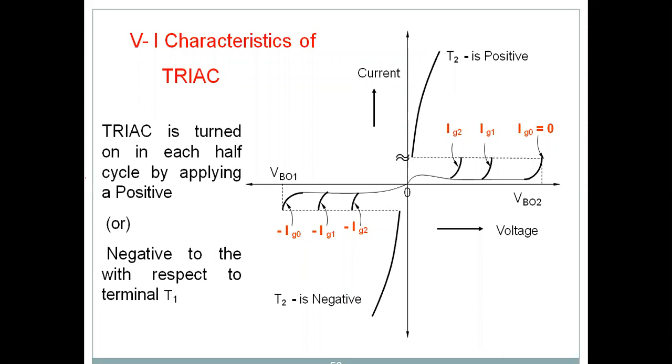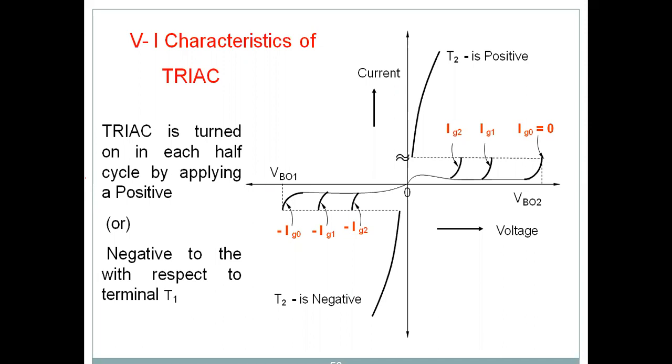The first quadrant characteristics are just like SCR, but the third quadrant characteristics of triac are identical to the first quadrant, except that as the polarity of the main terminal changes, the direction of current also changes. The VI characteristics of triac in the first and third quadrants are identical to those of SCR in the first quadrant.